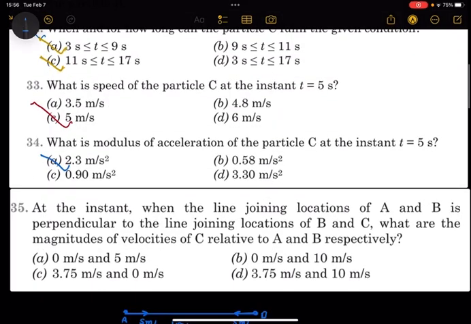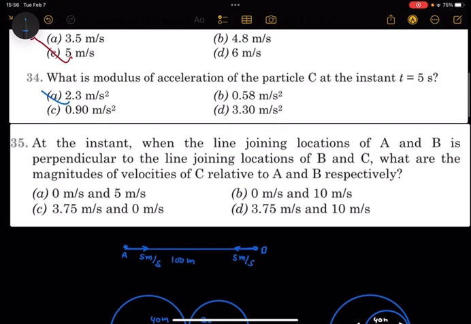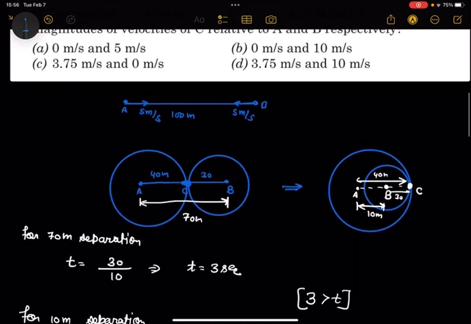So the answer is the first one. Now my dear friend, the last question is saying that at the instant when the line joining A and B is perpendicular to the line joining the locations of B and C, what is the magnitude of the velocity relative to A and B? Did you understand the meaning of this question?